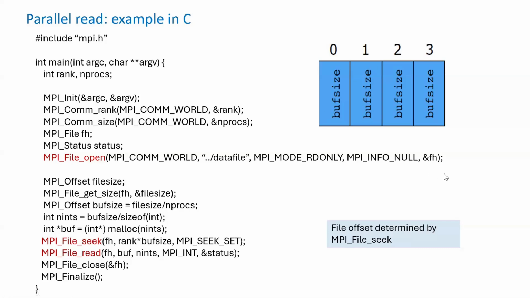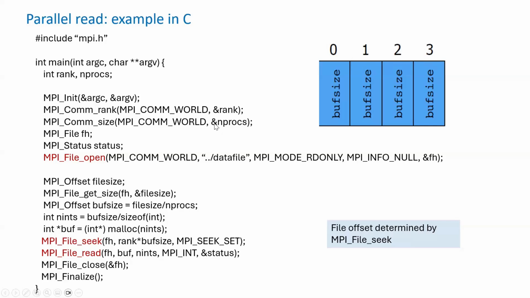Basically, the total file size divided by the number of processors, you will get that buffer size, right? And then you have to find the offset and the start displacement. The first one will start with 0. And then you have that offset. The second one will start with 0 plus that offset, for 4 processes, and so on.